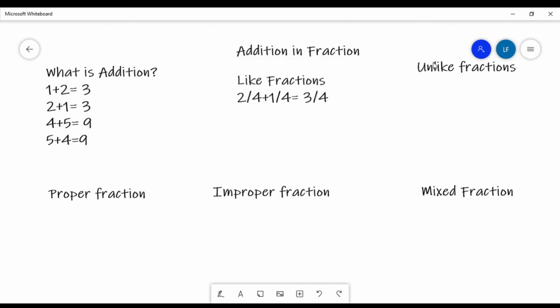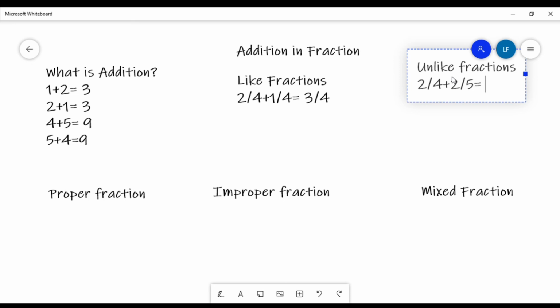Next, let's go with unlike fractions. In unlike fractions, the denominators are unequal. For example, 2 by 4 plus 2 by 5. What does this equal?